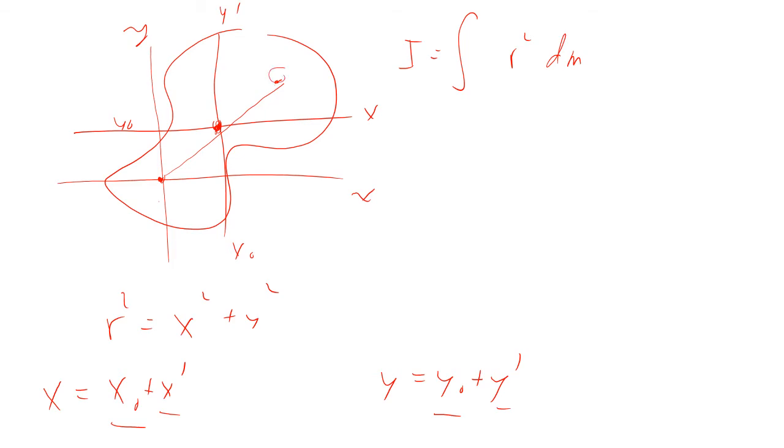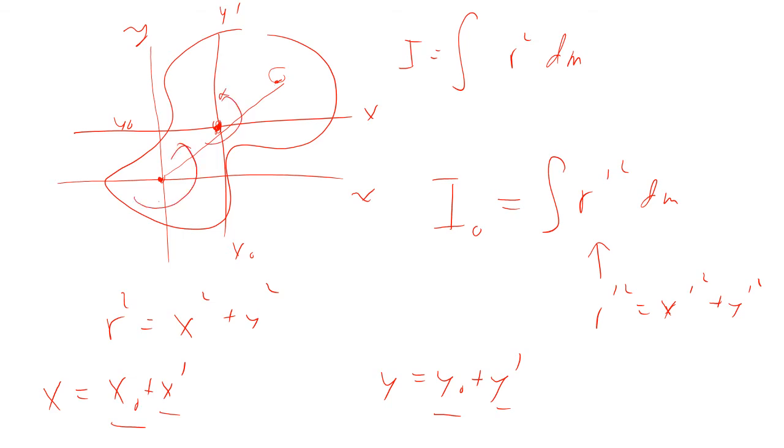Now remember before, I naught, which is around the center of mass, was the integral of r prime squared dm. So the r prime squared was x prime squared plus y prime squared. But we don't want that because that's going around the center of mass. We want to go around this other axis.